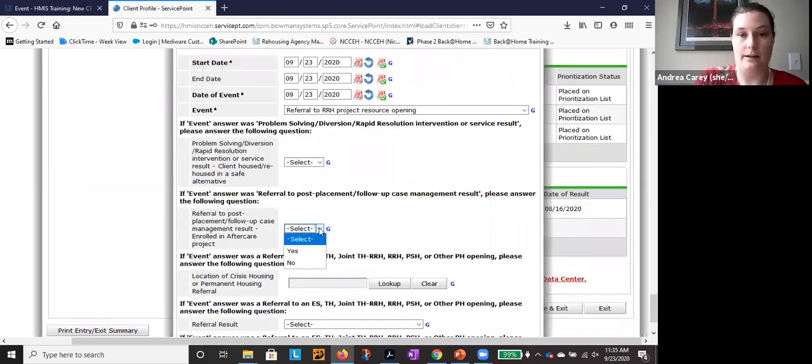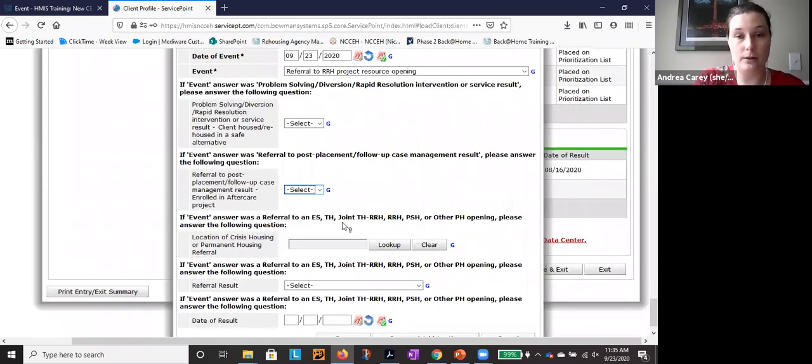And again, that other yes, no question for the aftercare is available here. And then finally we get to a follow-up question for our rapid rehousing referral or shelter or transitional housing. This is the location of the crisis housing or permanent housing referral.